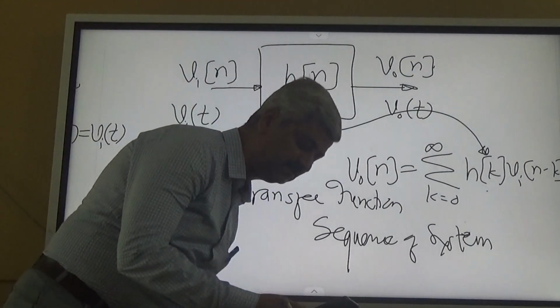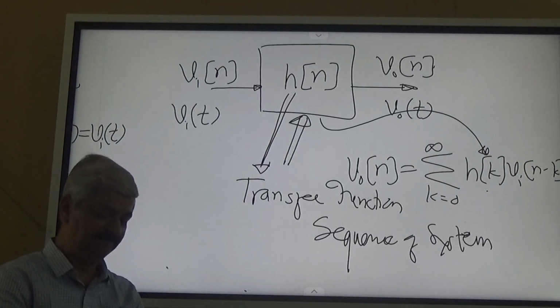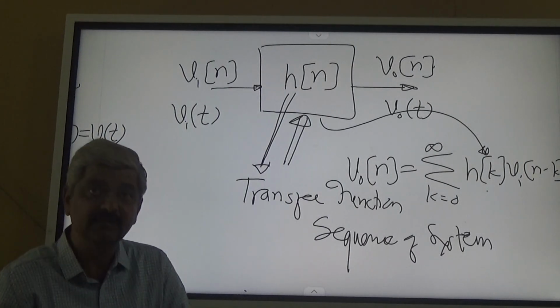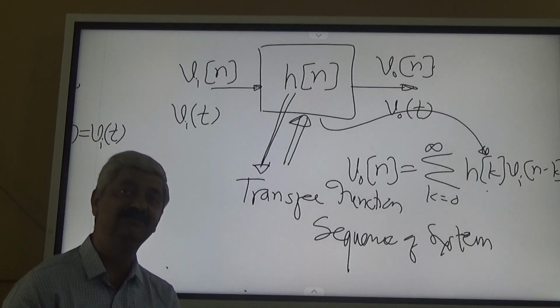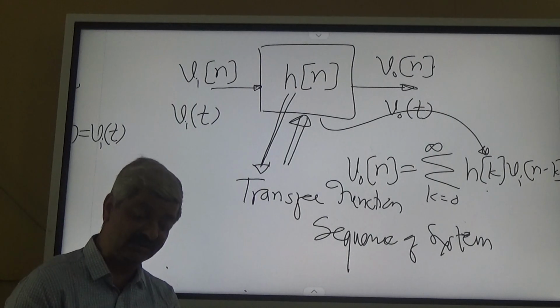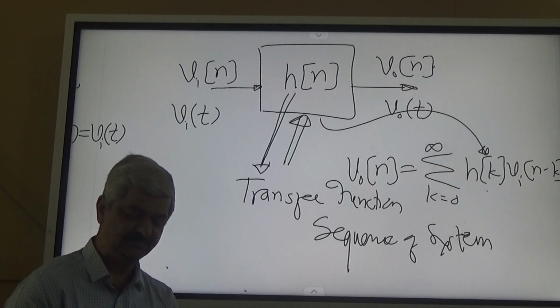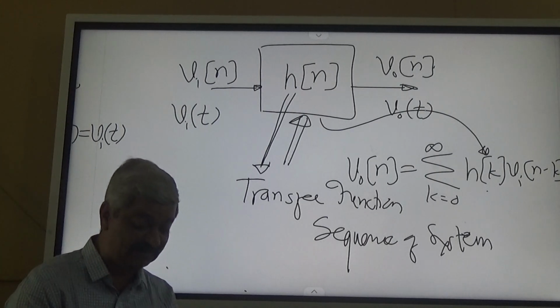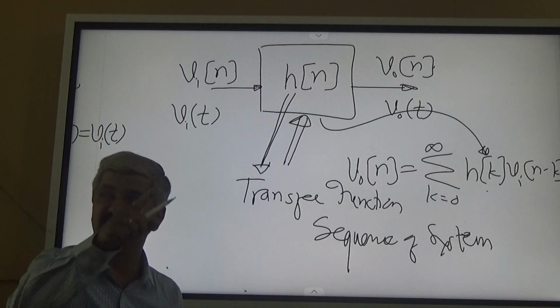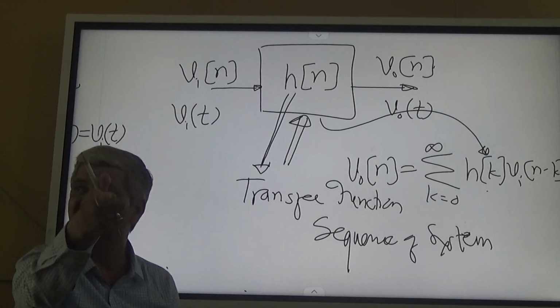The output sequence of a linear system is a weighted sum of the input sequence.